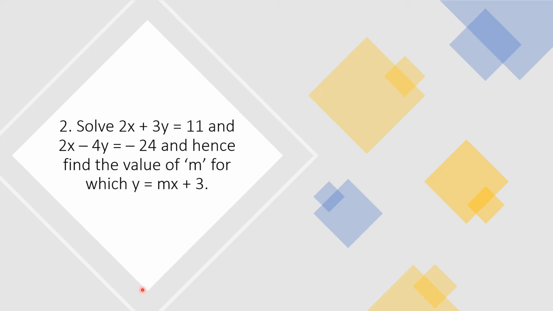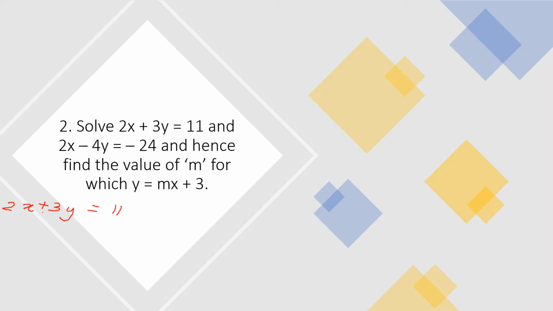Shall we start? Okay, the first question, it is 2x plus 3y equal to 11. I have put the question in the middle, just for making it more interesting, but I'll start from here. Okay, now let us start. The first equation is 2x plus 3y is equal to 11.